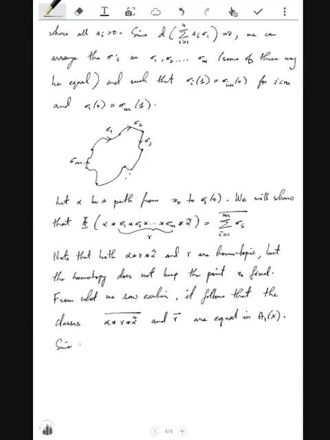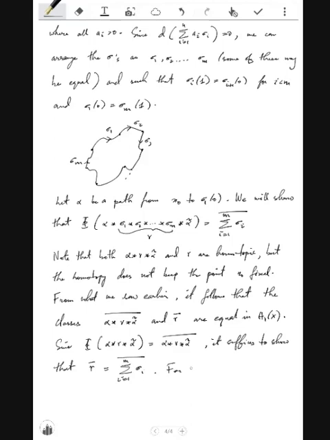Since phi of alpha star gamma star alpha tilde is equal to alpha star gamma star alpha tilde bar, it suffices to show that gamma bar is equal to the sum of sigma i bar.